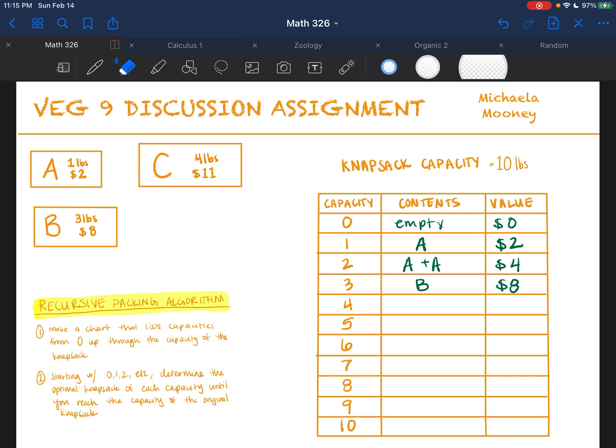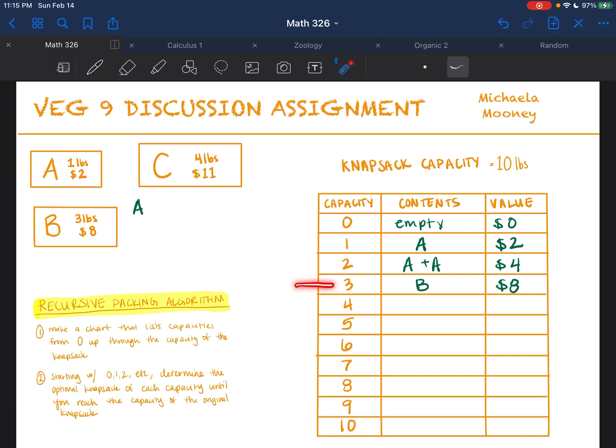We are moving on up to number 4. And remember, we always start with A because we're always going in alphabetical order to make things easier for us. So that way we make sure we hit every single combination we could have. A is 1 pound. We have 4 pound capacity. So if we add 1 pound, that means we have 3 pounds left.